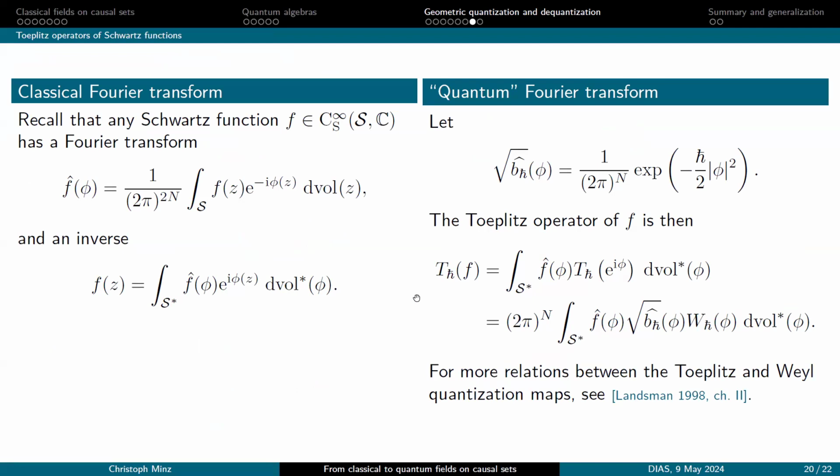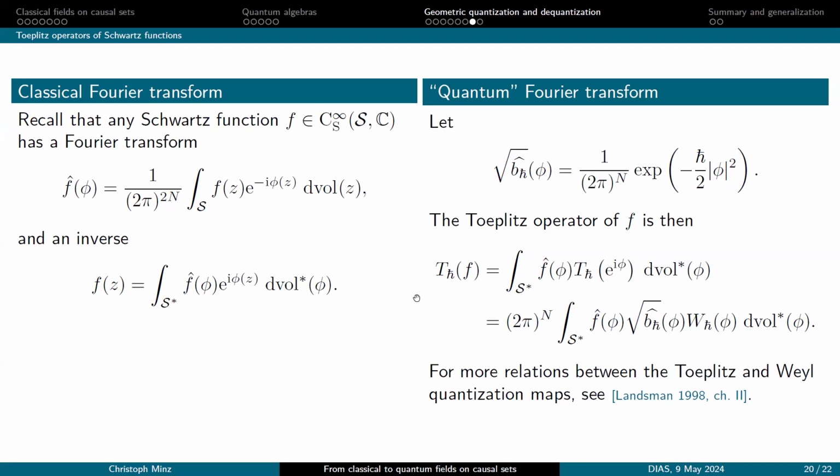And so far I've only shown you the expression for a single Weil generator. You might want to know also what it would look like for a general Schwartz function on the vector space. And of course, you know what the Fourier transforms look like.